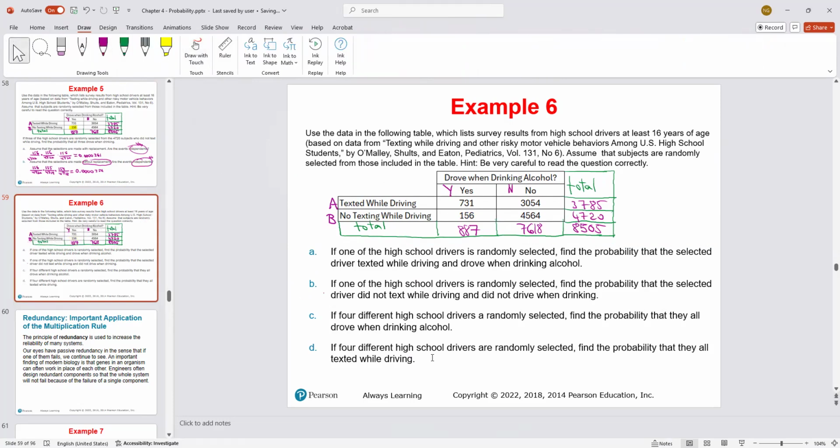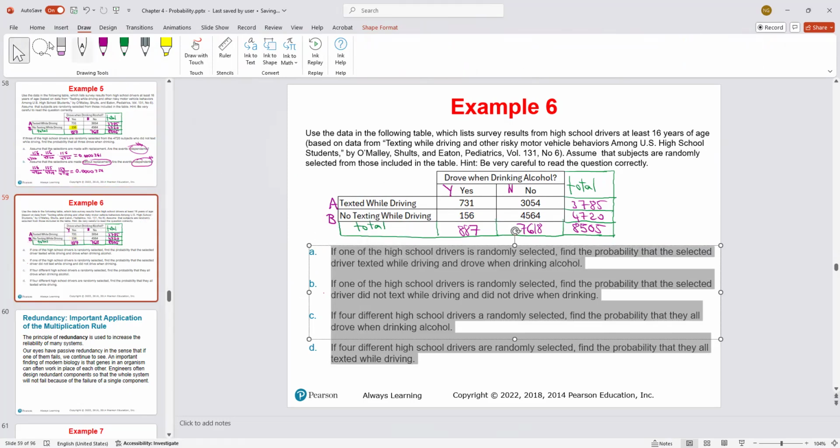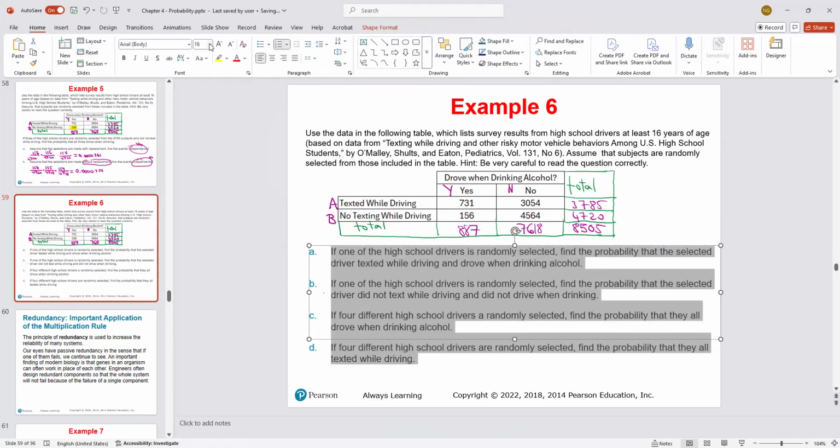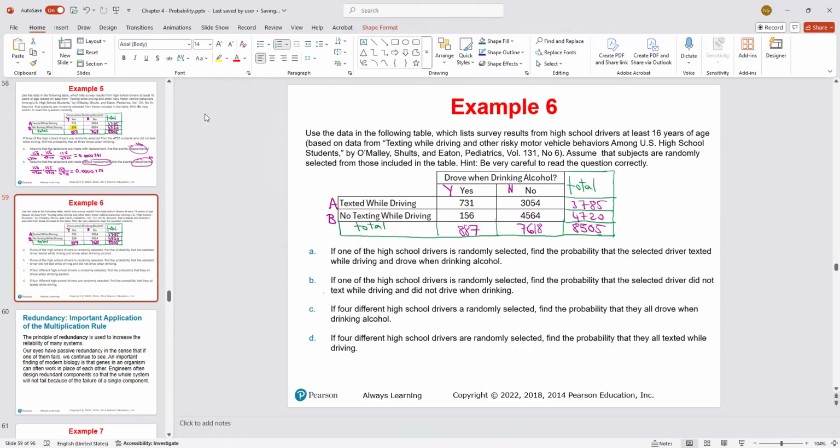Let's put this one also 14. We need space. Okay, I'm pretty sure we're going to have enough space for some of them, because we're going to do it very quick. These examples, they said use the same data.